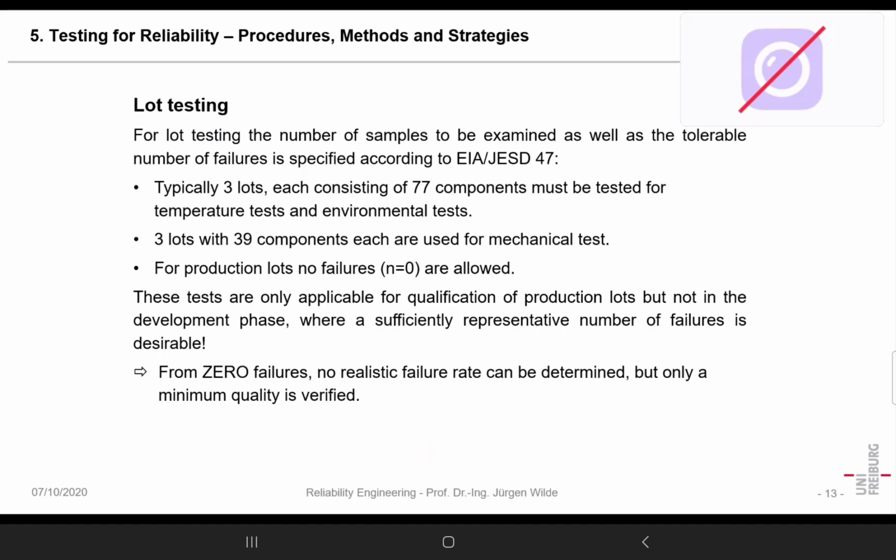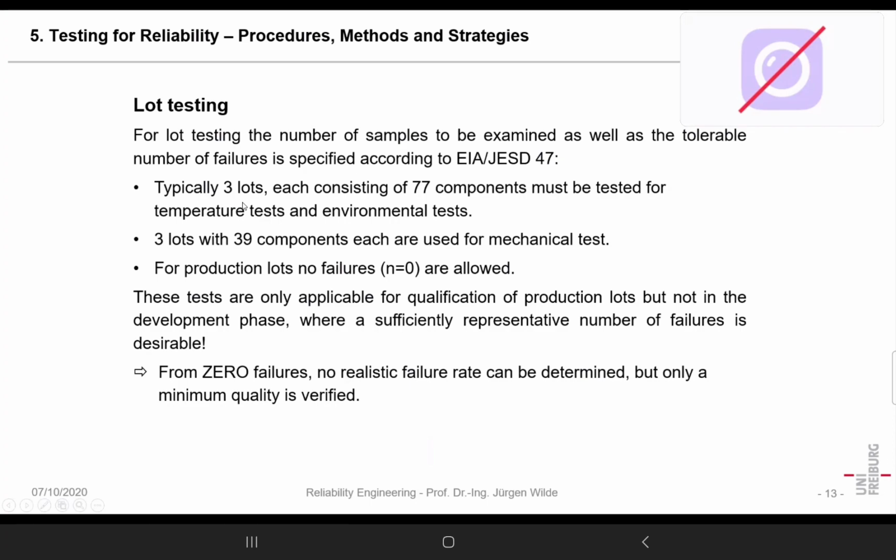with so-called lot testing. So when we purchase a certain amount of semiconductors and we want to have just an ongoing quality control, then we can do, for instance, something like that.